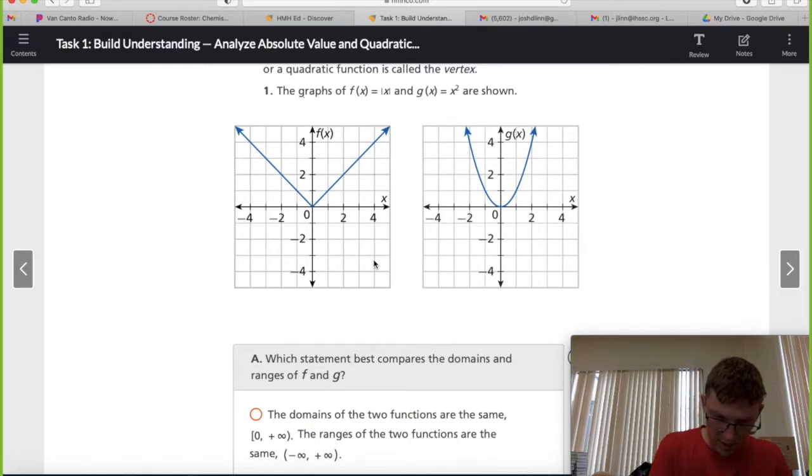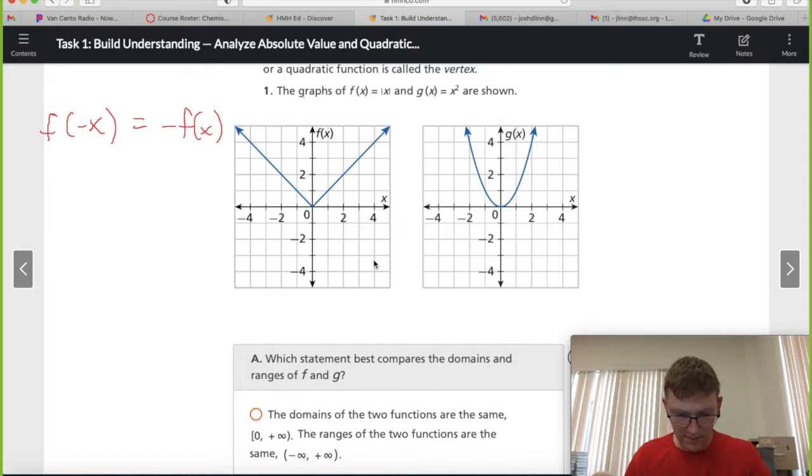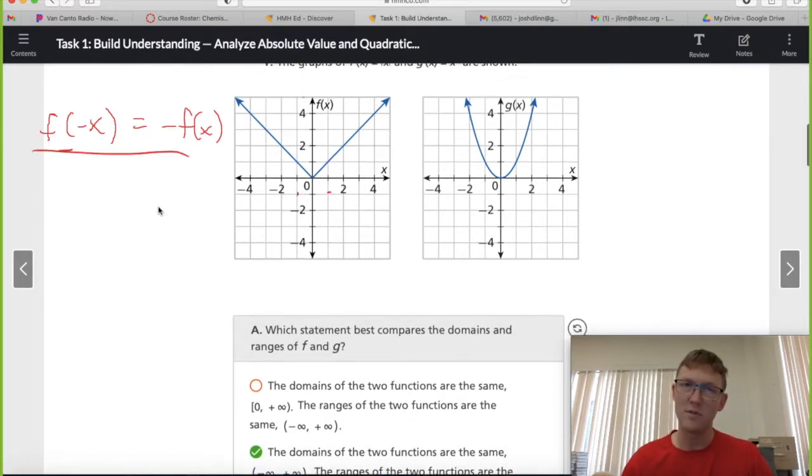What was it? f of negative x equals f of x. Is that right? Negative 1 equals f of 1, but negative. Yeah, so we'll go with that. I think that was our definition of even.